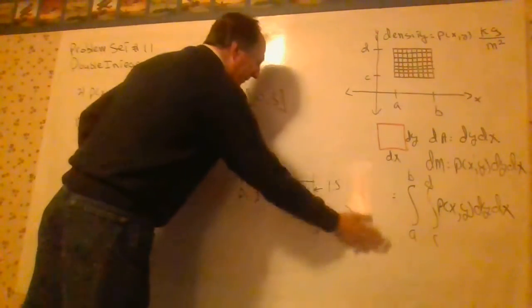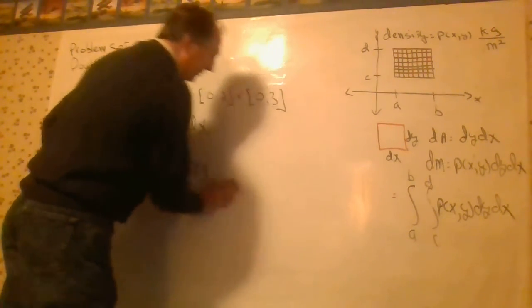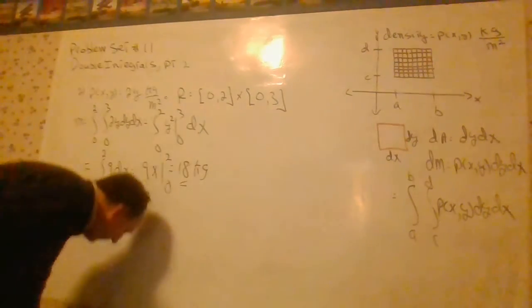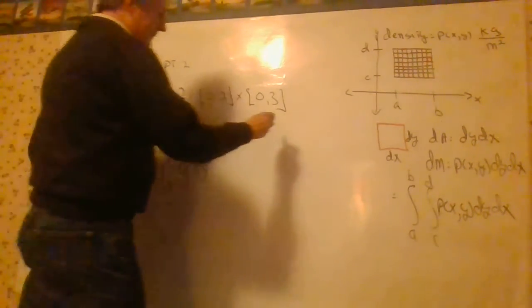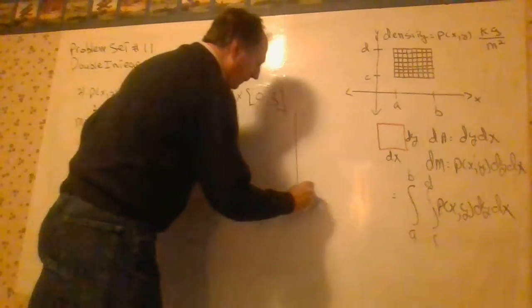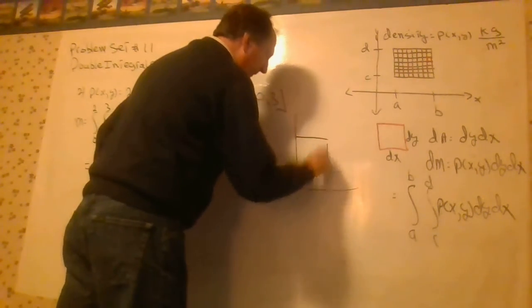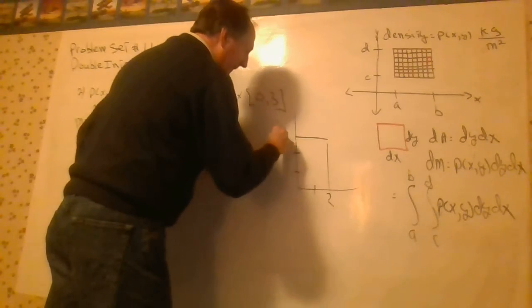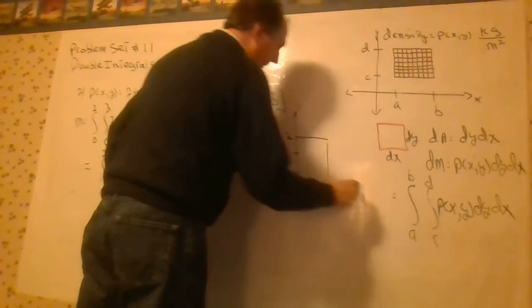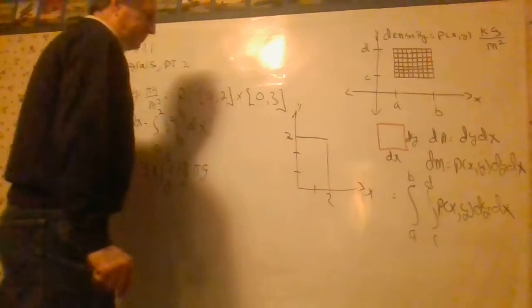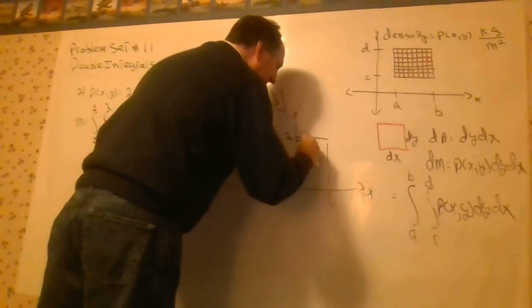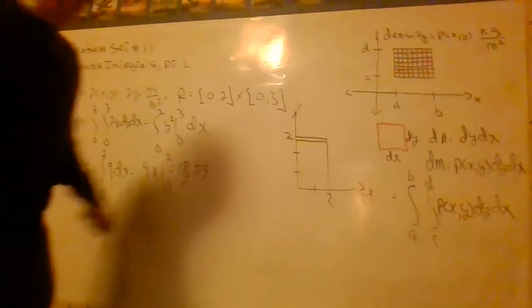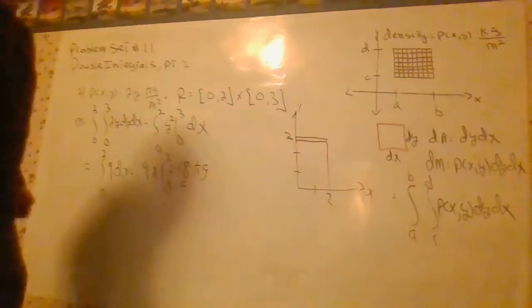Let me draw you a slightly new picture here. Let's suppose we have the same thing, this rectangle, and that's 2, that's 3, y, x. And let's take a little rectangular element here. And we're going to break this thing up into slices.